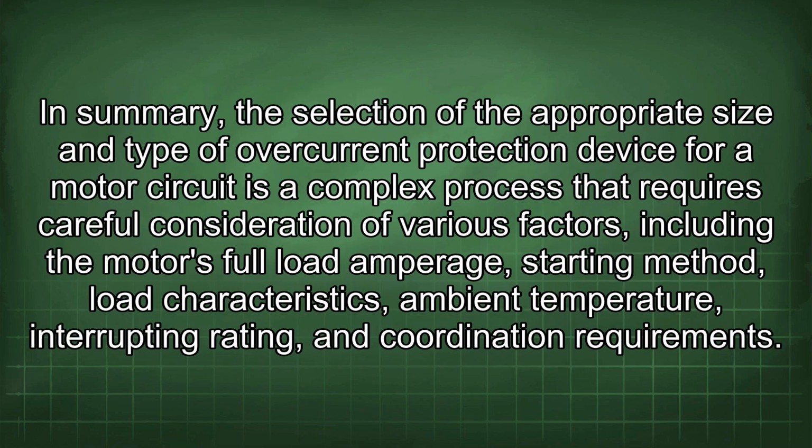In summary, the selection of the appropriate size and type of overcurrent protection device for a motor circuit is a complex process that requires careful consideration of various factors, including the motor's full load amperage, starting method, load characteristics, ambient temperature, interrupting rating, and coordination requirements.